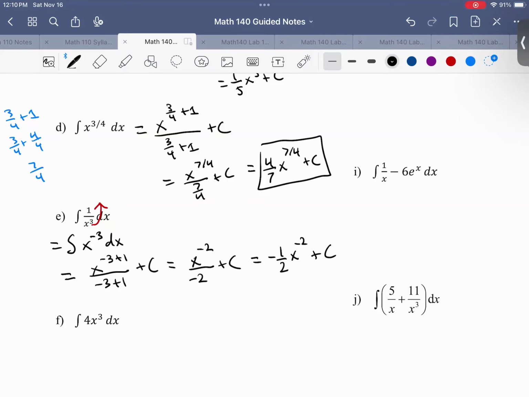And so, let me try this again. I want to make this exponent positive, so I'm going to bring it back down to the bottom. And so what I end up with is 1 over -2x squared plus c. And that could be a final answer.